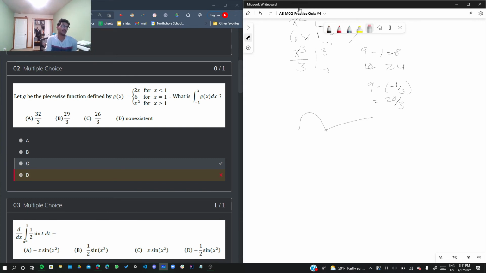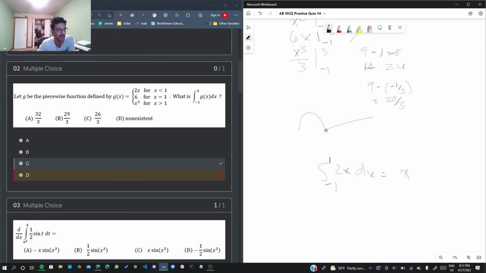Okay. So this is honestly a graph, right? And I know we can take areas under graphs. It doesn't necessarily have to be differentiable. So here, this is for less than 1. So basically now the integral will have to go from -1 to 1 of 2x dx. Yeah.